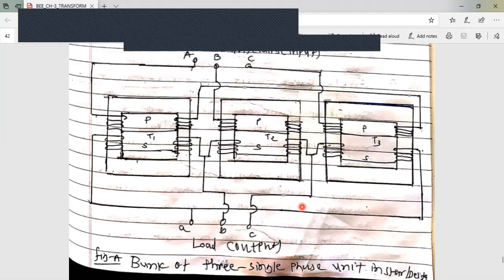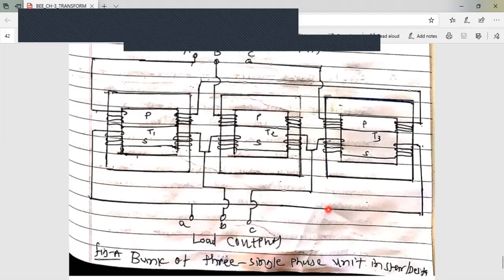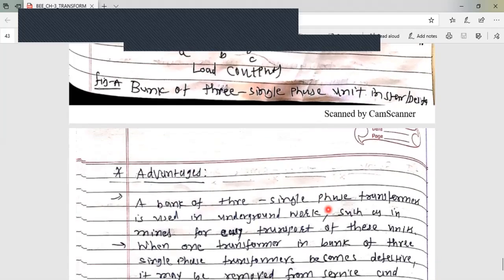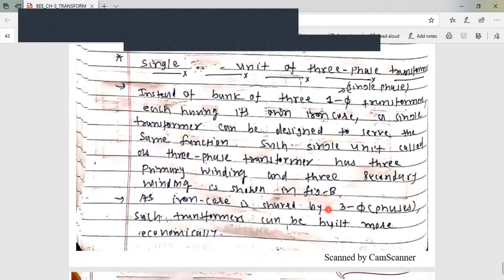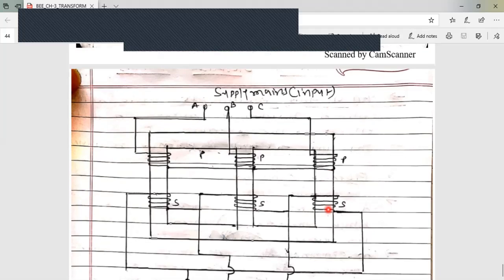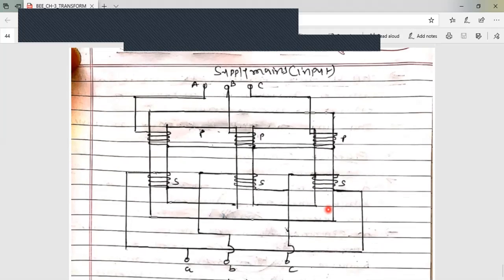So we can say that in a bank of three single phase unit transformers, the core is different for all single phase transformers, but in the case of a single unit of three phase transformer, the core is shared by all these three units.